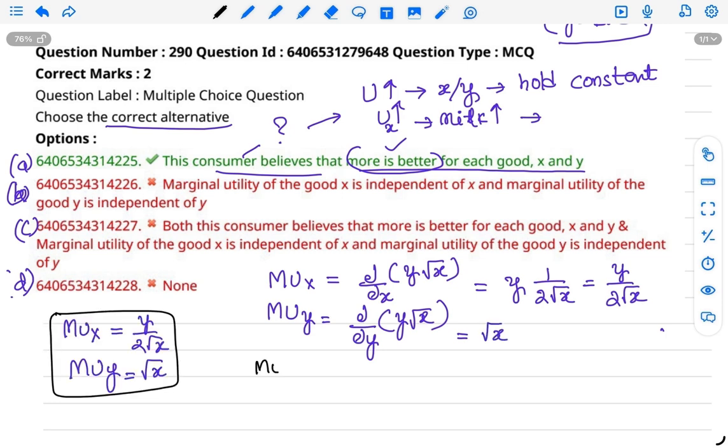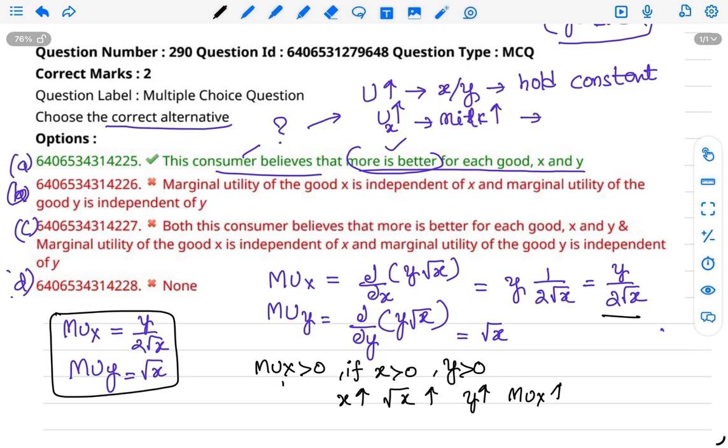When MUx is greater than 0, if x is greater than 0 or y is greater than 0, increasing, that is root x is also increasing, MUx is also increasing.